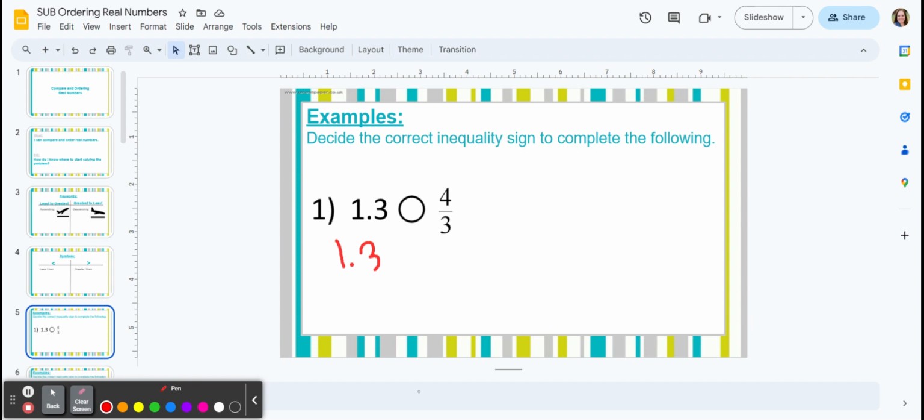There we go, 1.3. But if you notice, the next number is 3 because it's repeating: 3, 3, 3, 3, 3. Well, what's the next number after this 3? Is it a 3? No, it's a 0, which is why there's no value there. So even though these might look the same, they're actually not. 33 is larger, so we would say 1.3 is less than 4/3.